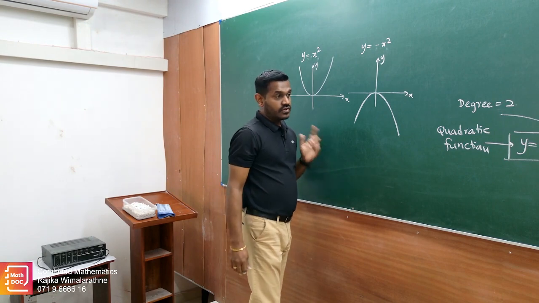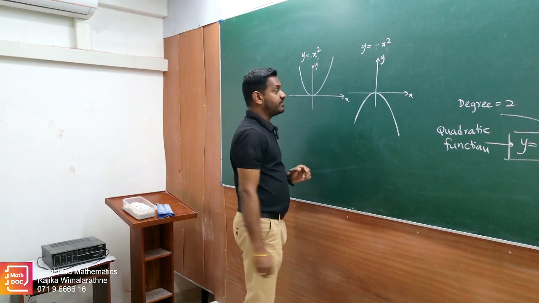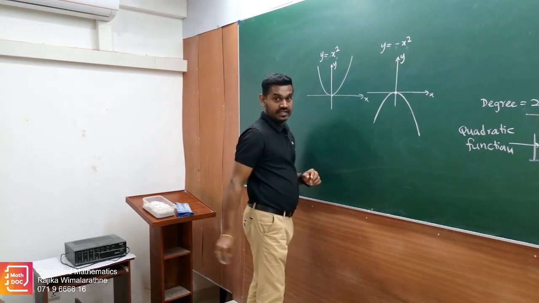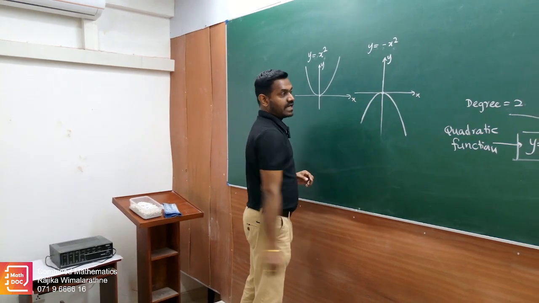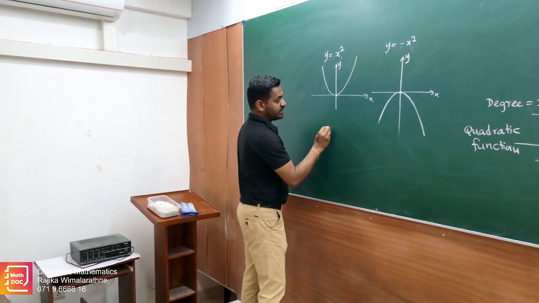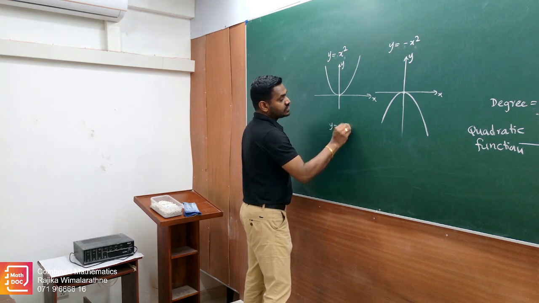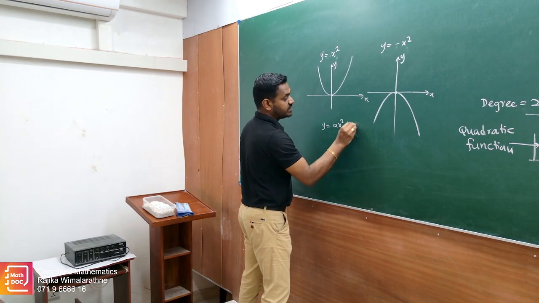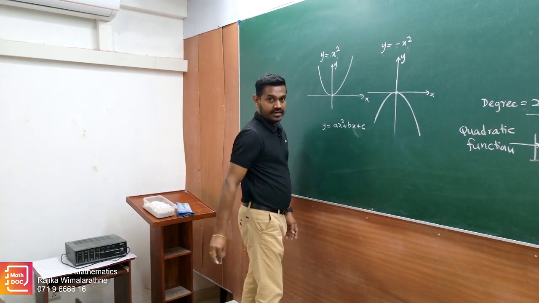So a quadratic function definitely has a vertex, and it has a symmetrical axis. So consider y equals ax squared plus bx plus c type quadratic function. This is the general format.